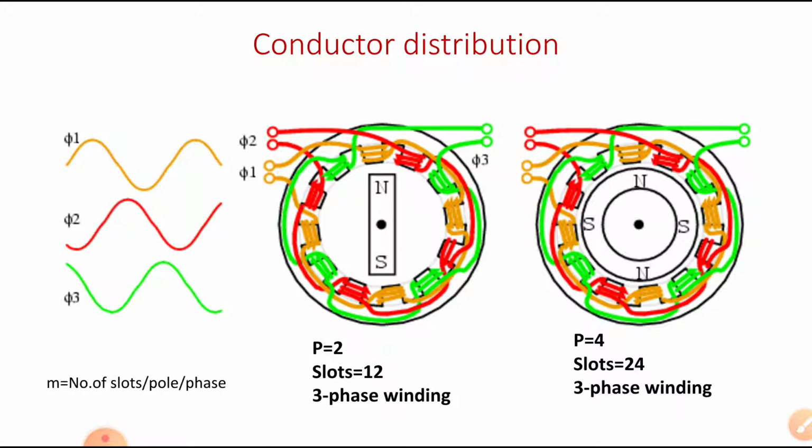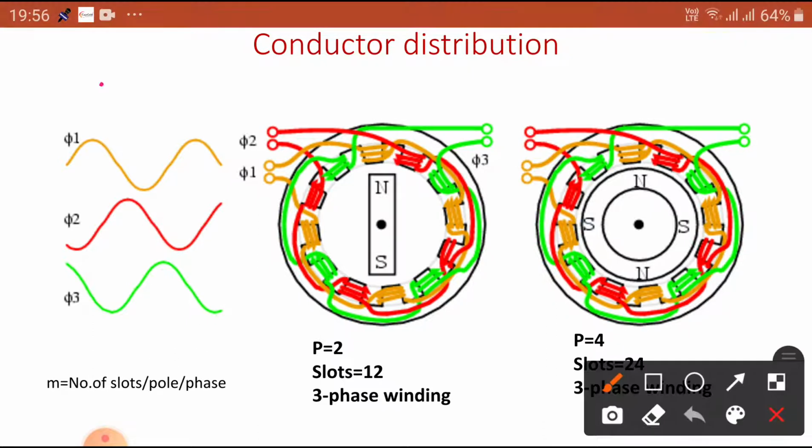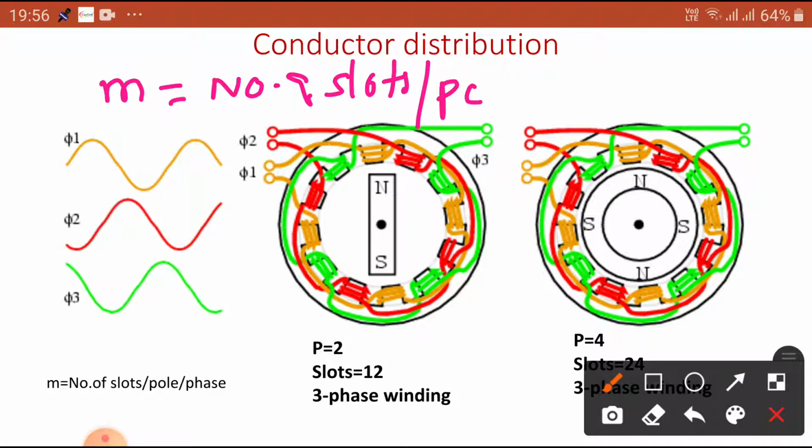Now we have to take into consideration how many slots there are for each phase. That means, as already discussed, M, that is the number of slots per pole per phase.